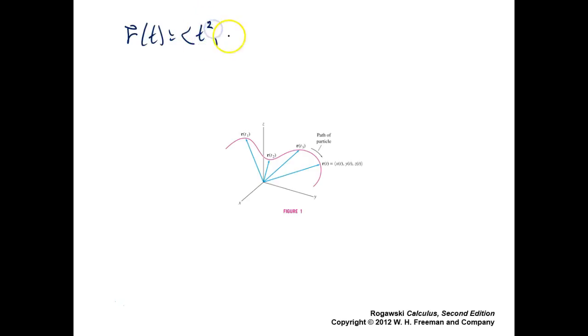T squared, e to the t, 4 minus 7t. So for any value t, you can come up with a set of components for the vector r of t, or the set of coordinates for the point on the curve, the pink curve there.